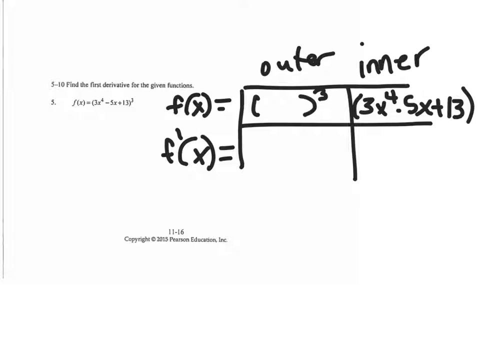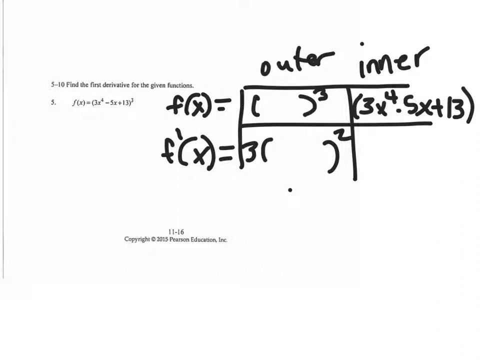Now, if I had x cubed, how do I differentiate that? Exactly. I'd pull down the exponent. It would multiply times the x, and then I would take away 1 from the exponent, and it would become a 2.